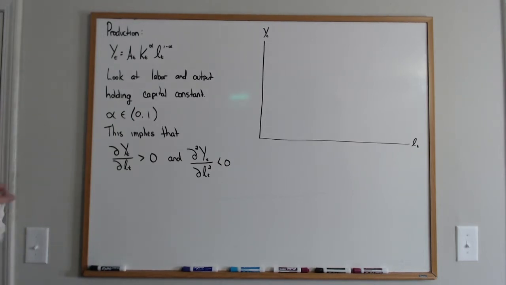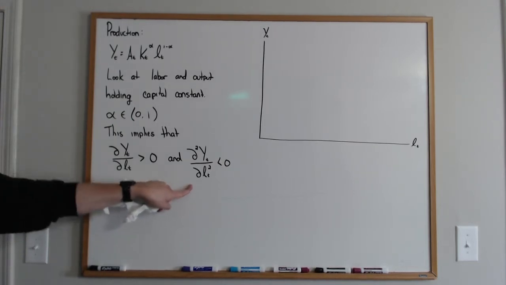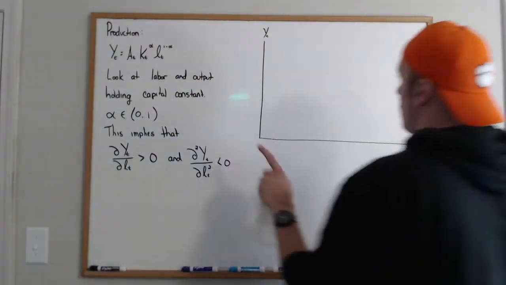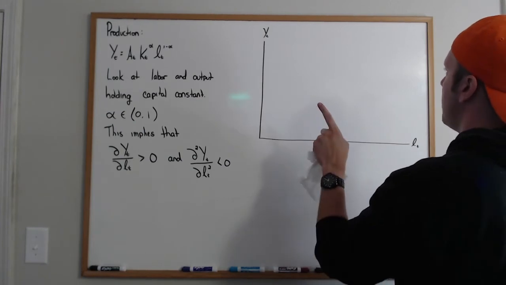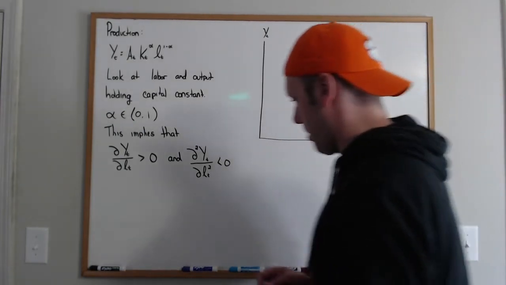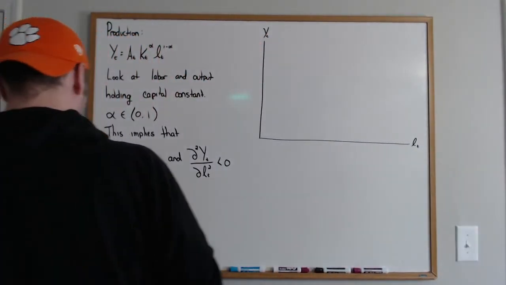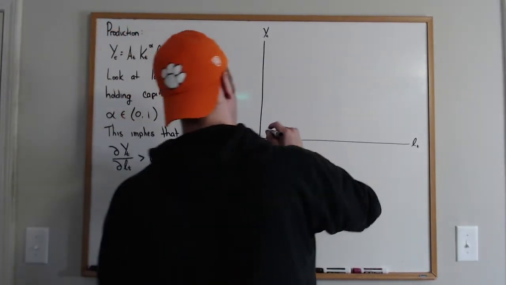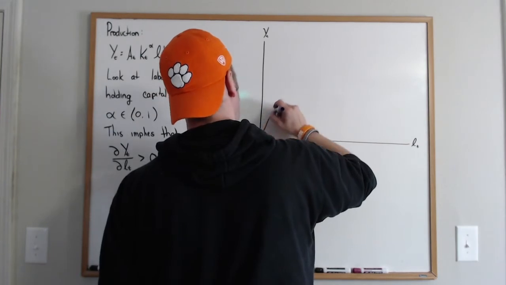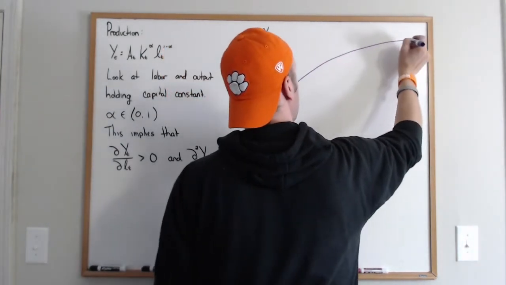It is always increasing. But if its second derivative is negative, what that implies is that while it is increasing everywhere, it is also increasing at a decreasing rate everywhere. Like this.